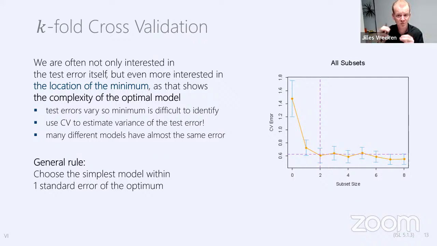We now have a way to determine the optimal value of any parameter. In subset selection, here we have, so what is now the minimum? Minimum is probably here. What is now the standard error? Oh, there we have it. Okay. Yeah, subset of 2. I forgot which example this is exactly, but just to show that we choose subset size 2 rather than 3, 4, 5, 6, and so on and so forth.